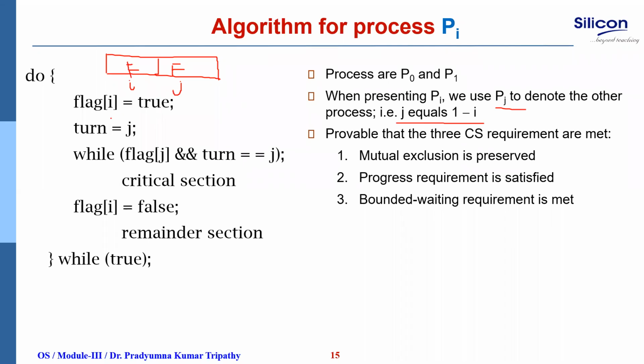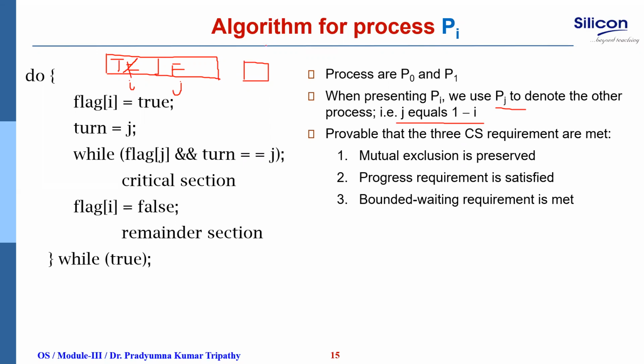Now for any process that wants to enter, it will make flag of I equals true. So if suppose I wants to enter, it will make it true. And turn equals j. So turn is actually another variable.